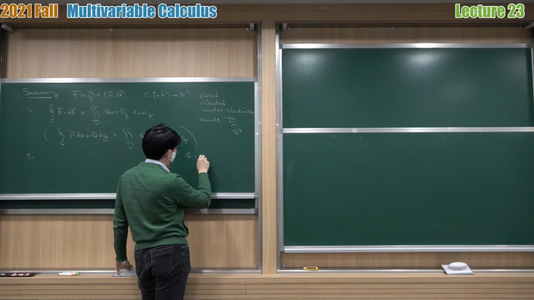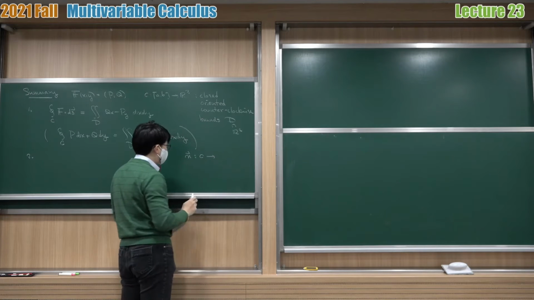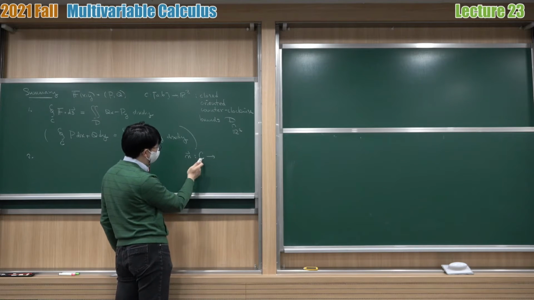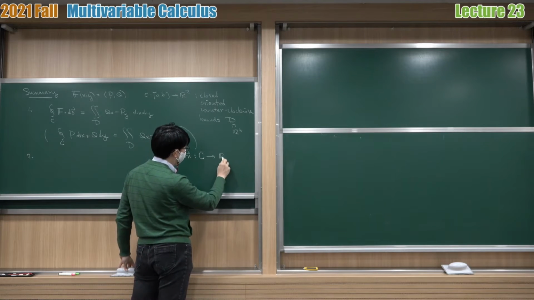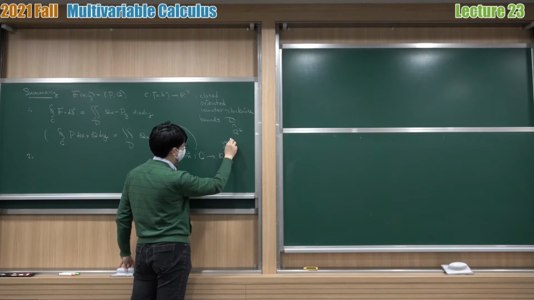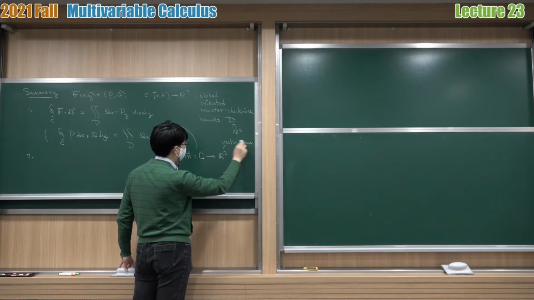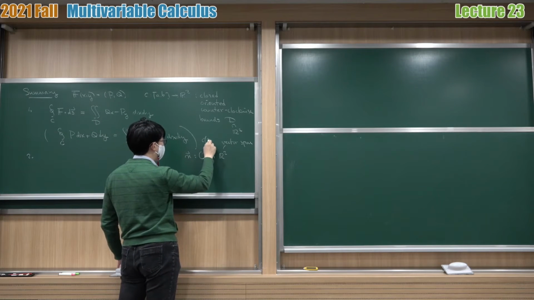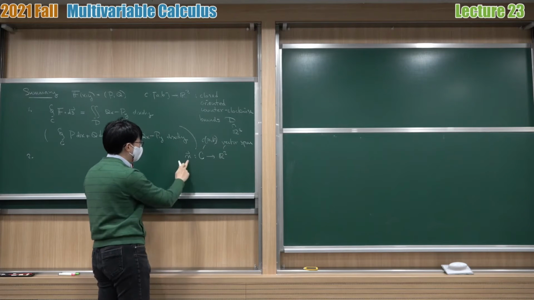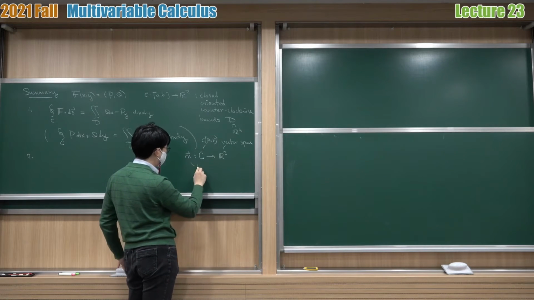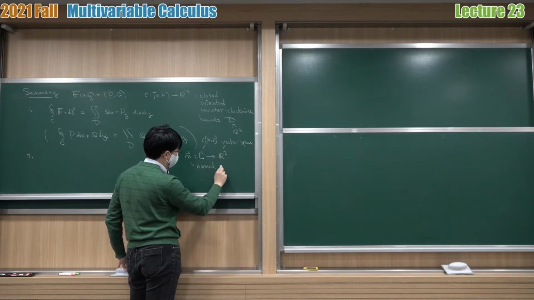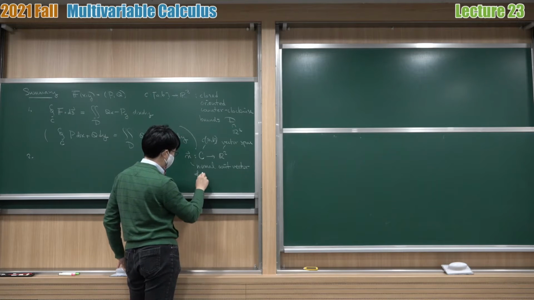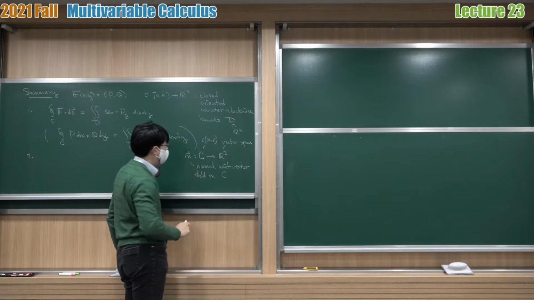So this n will be a function from a point on the curve C to a vector space, and this C is the image of this parameterization C. So I'm going to write this way. Okay. So this is a normal unit vector field on the curve C.